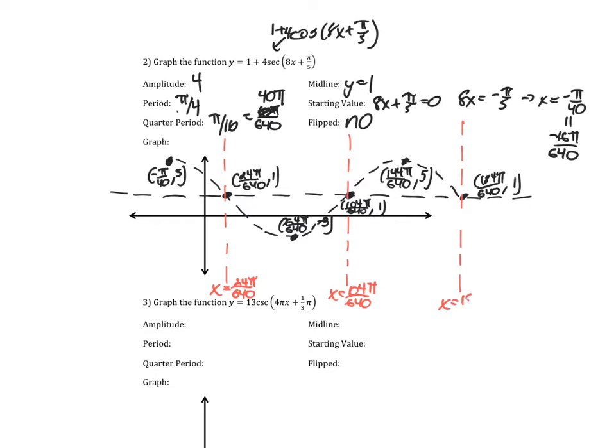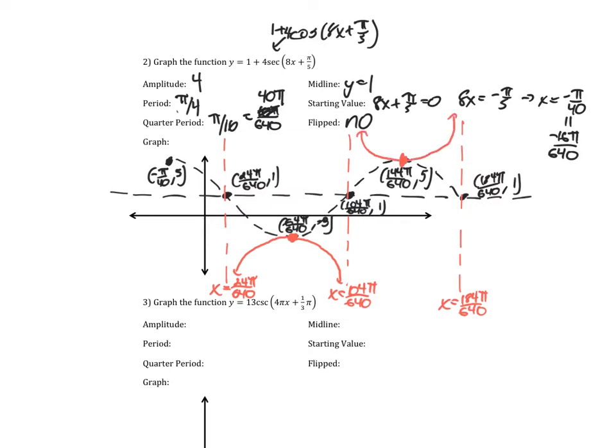And x equals 184 pi over 640. And I've already labeled my max and min points on the cosine graph, so that makes graphing, oh boy, that's bad. Let me fix that. Okay. That's a little better. Makes graphing the secant function a little bit easier.